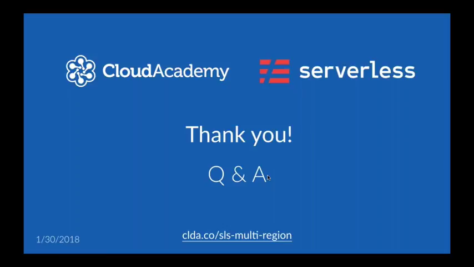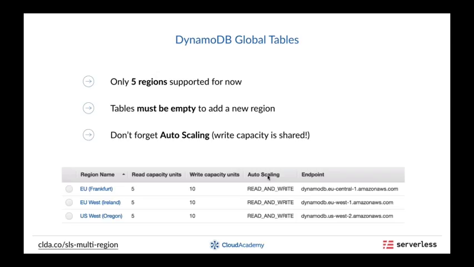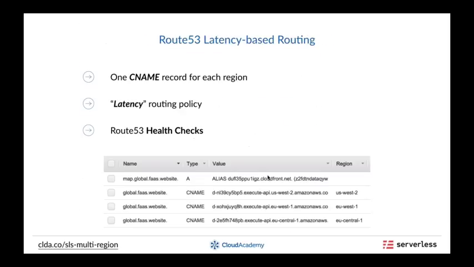If you noticed in my Route 53 screenshot here, I have a record in Route 53 for the map subdomain, and it is just an alias for my CloudFront distribution. So yes, I'm just serving a static website through CloudFront, and it is stored in S3.